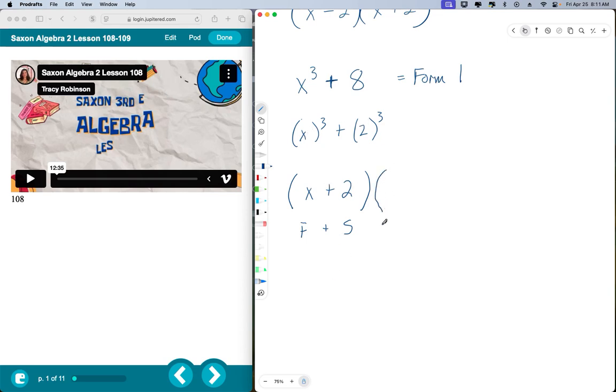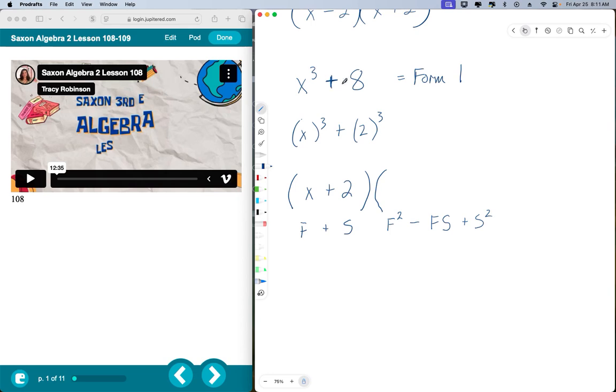Now, for the rest of it, what it's multiplied against, this is going to be a trinomial. And you're going to have the first term squared, minus the first term times the second term, plus the second term squared. That is form 1. And it's always that way.